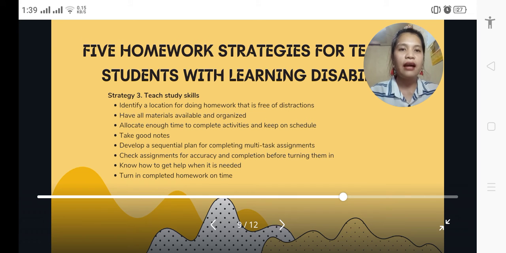Another one, we have develop a sequential plan for completing multitask assignments. We have to write the sequence of the assignments: which assignment is for chapter 1, for chapter 2, what is the schedule, and so on. Then we have check assignments for accuracy and completion before turning them in.